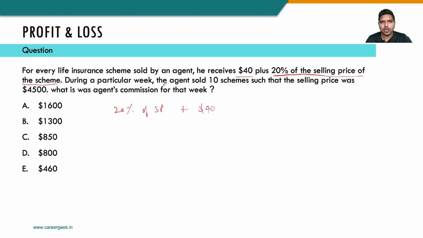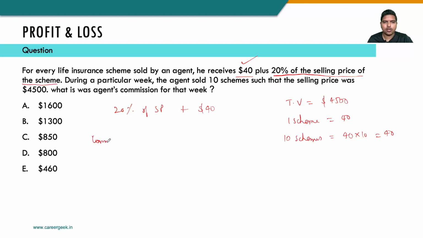During a particular week, the agent sold 10 such schemes, such that the selling price was $4,500. So the total value of the schemes he sold was 4,500. And we know that for every one scheme he gets $40, and he sold 10 schemes, so he'll get $400, right? This will be fixed.